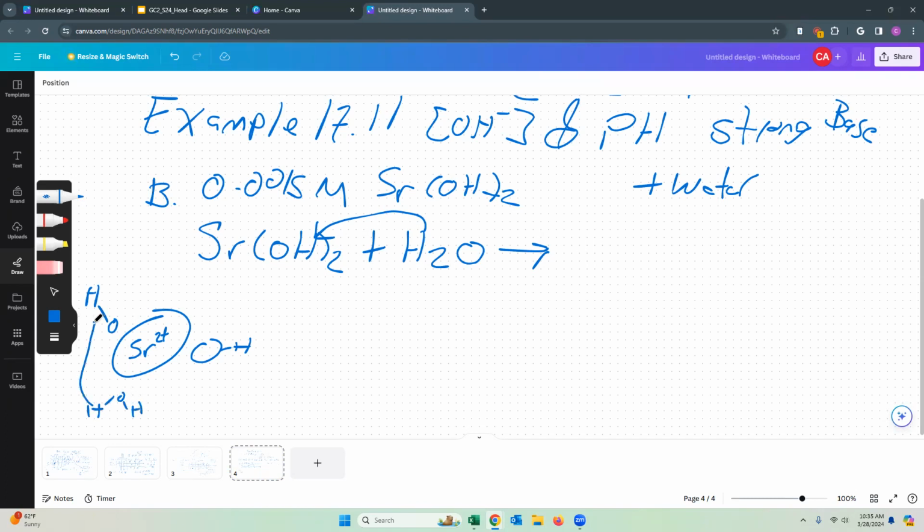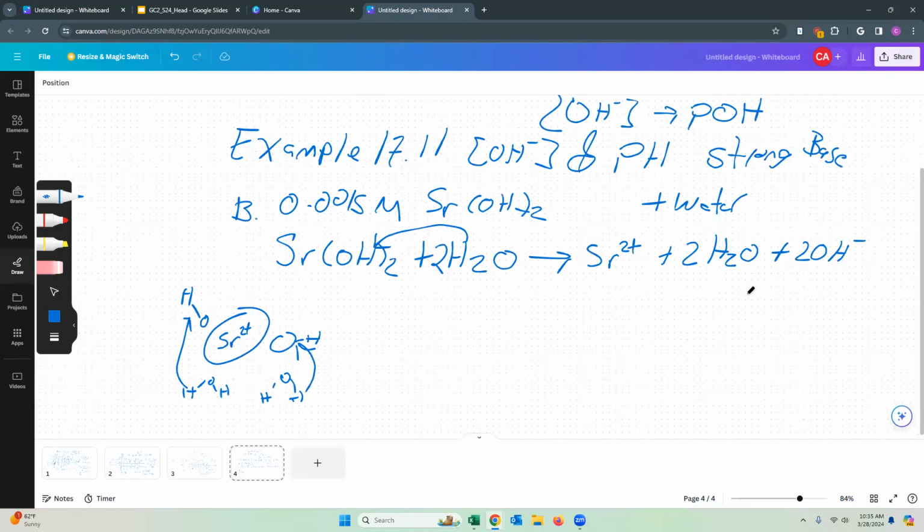And so one water molecule will give one hydrogen to this base. The other water molecule will give the hydrogen to this base. And what you make is Sr2 plus plus 2 OH minus. So I actually need two waters to balance this out.